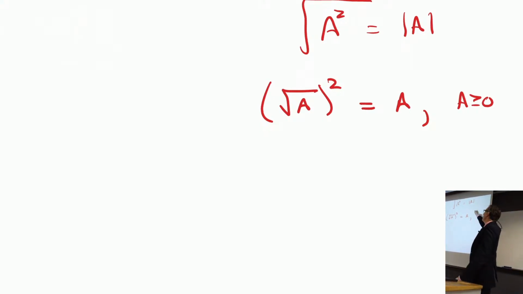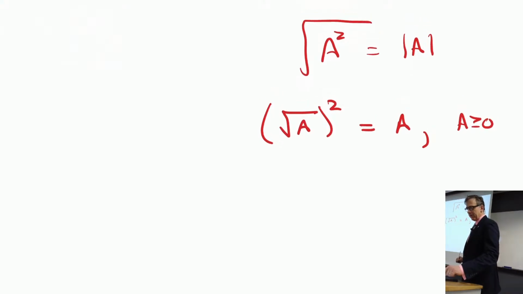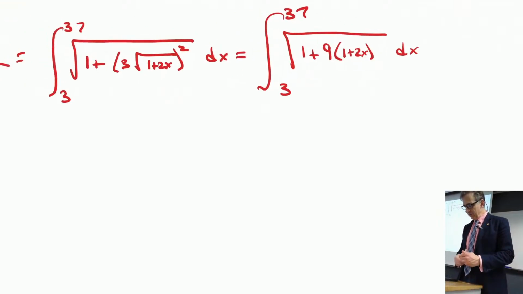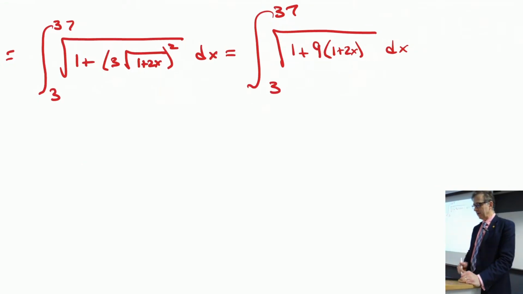Because up here, you can stick a negative number into the square root of a squared. That's fine. You cannot put a negative number into that second thing. So whenever I do this, where I've squared a square root, I have to at least acknowledge that 1 plus 2x is non-negative, which it is.